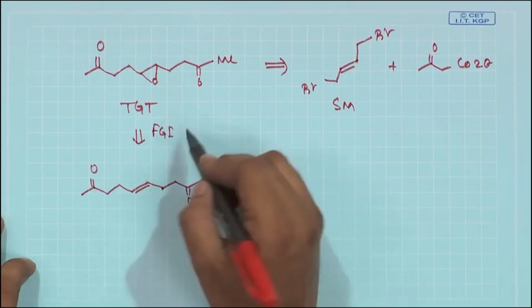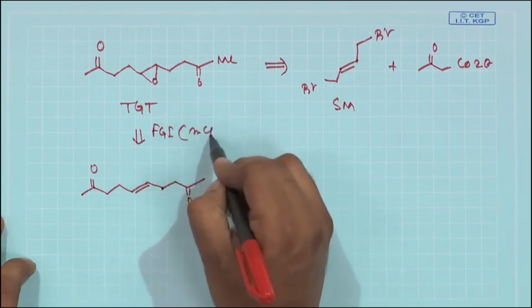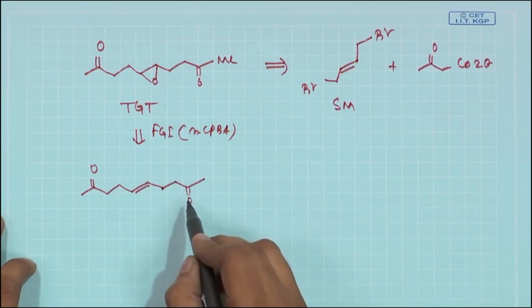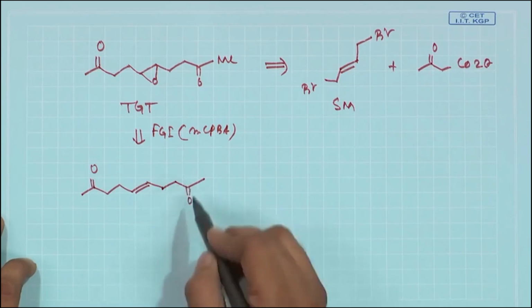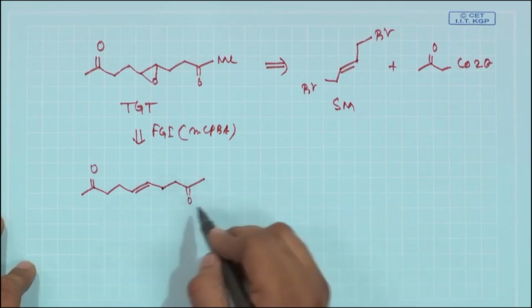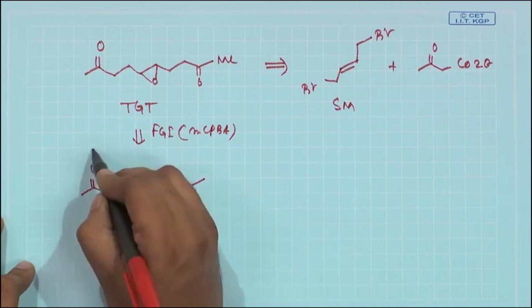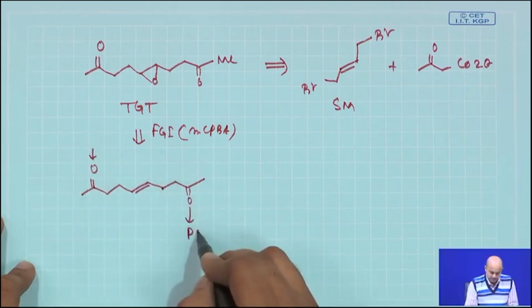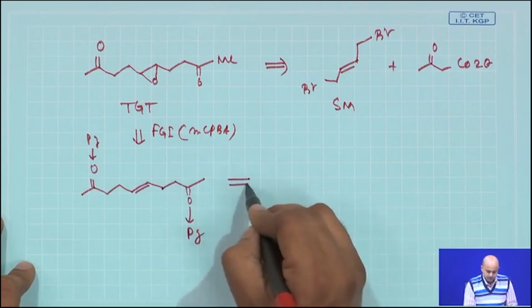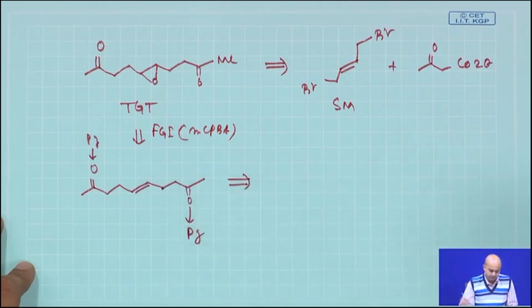As I say, mCPBA will also have the possibility to make the Baeyer-Villiger reaction possible. So, probably this ketone you need to protect, PG. Let us first formulate the disconnection, then we will come to the forward synthesis.